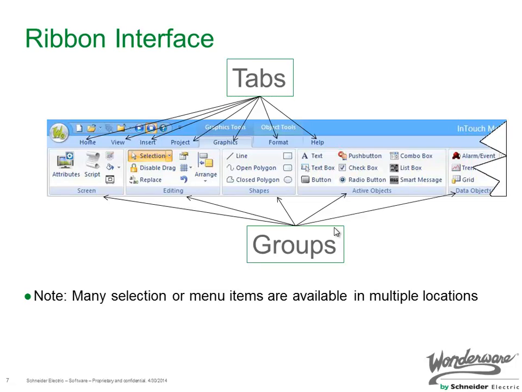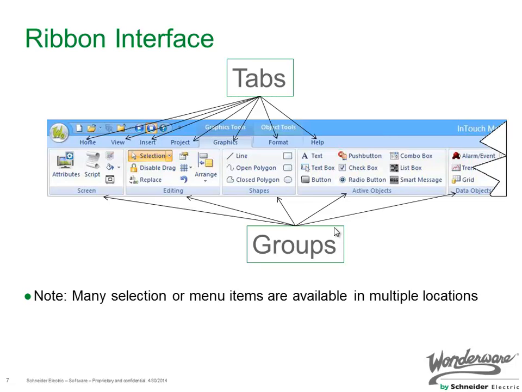In this screen capture here, you can see the home, the view, the insert, project, so on and so forth. Those are tabs. Across the bottom, you're going to see the groups. Often I'm going to refer to where to find a particular tool or an object or shape by the tab, by the group, and then the name of the icon or the object to select there. So just be aware when I say tab and then group, this is what I'm referring to.